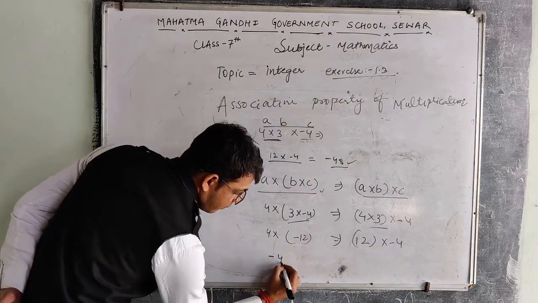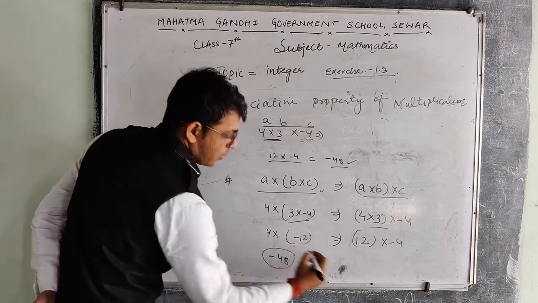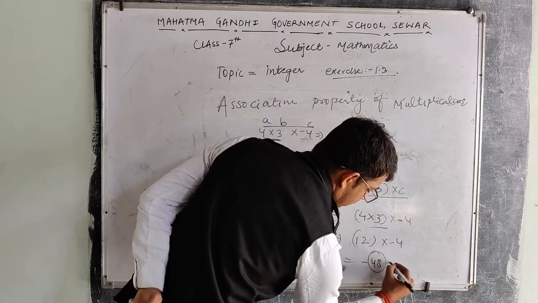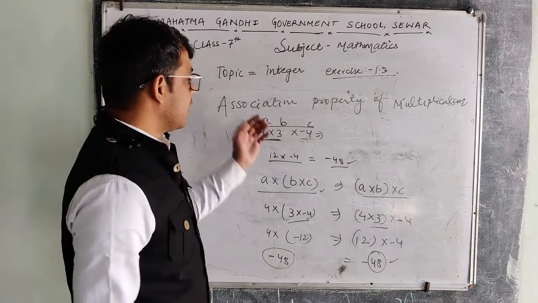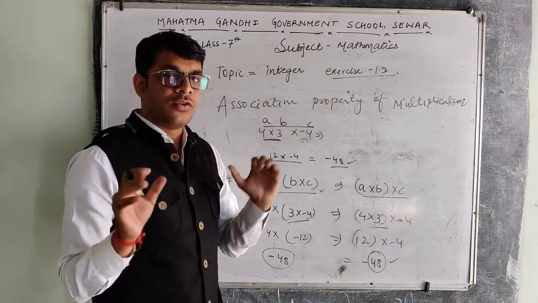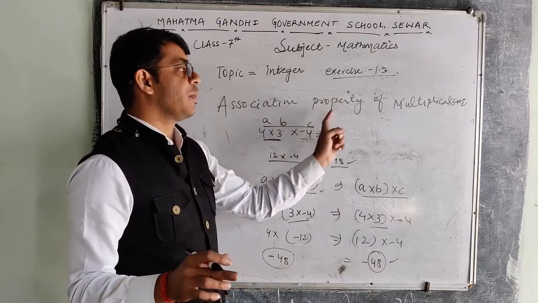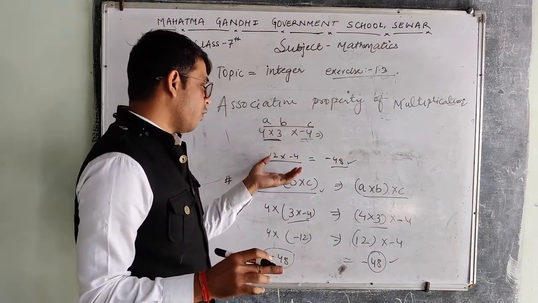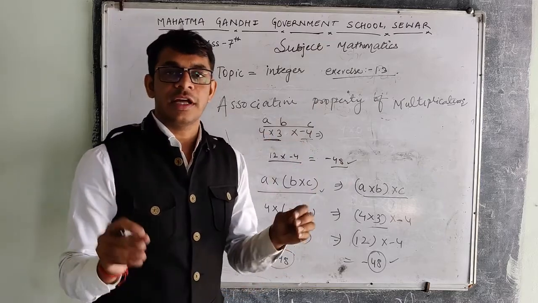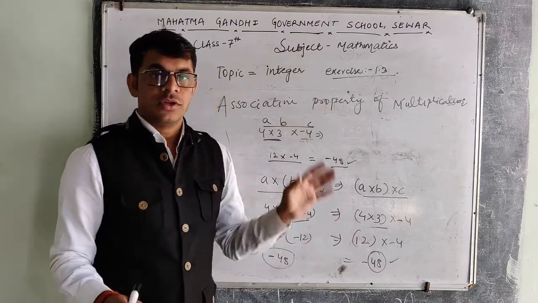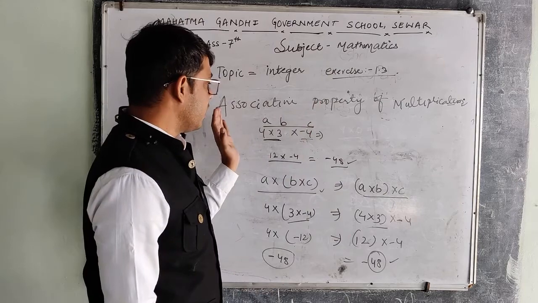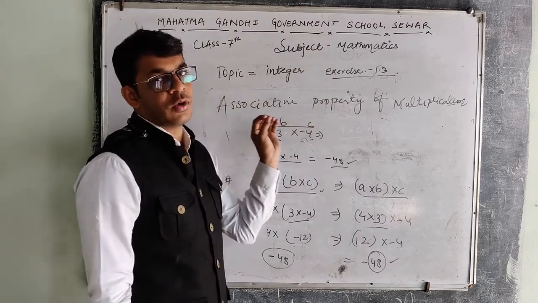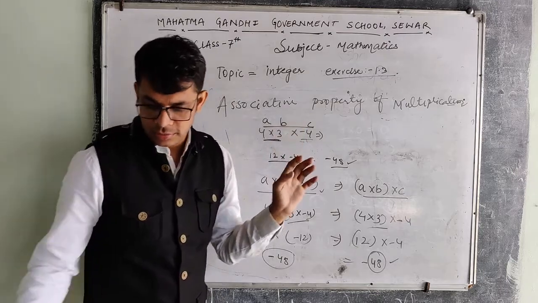What will be the result? 48. Minus 48. It means integers follow the associative property of multiplication. The place of the bracket does not affect the result. So what we learn from here is that integers have the associative property in multiplication.